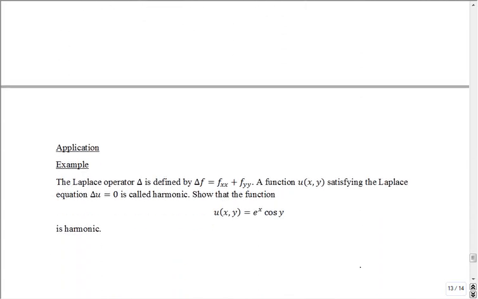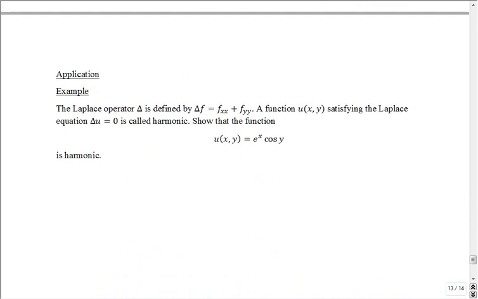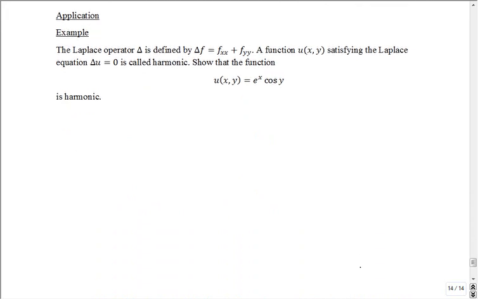Let's look at an application. When I say application, it's just to ensure that you know how to use these first and second order partials, that you can find them. The Laplace operator is defined by this. It is really the sum of fxx and fyy.